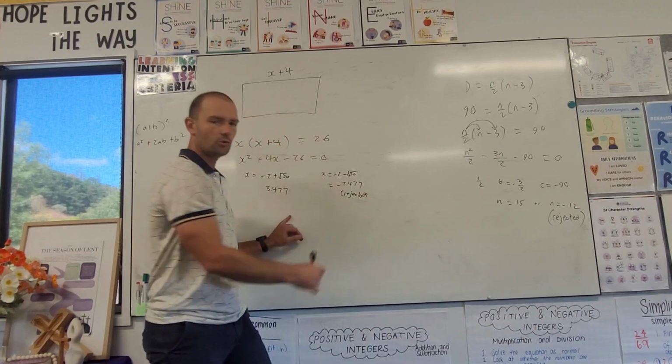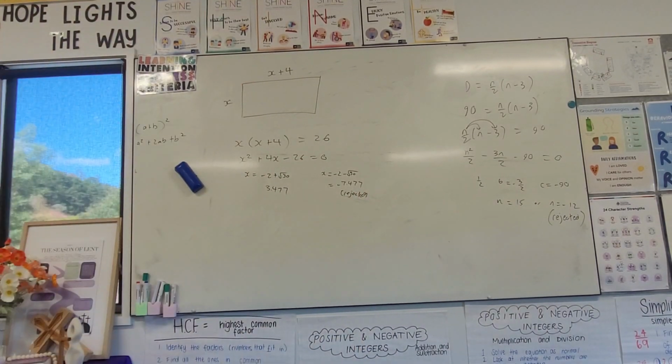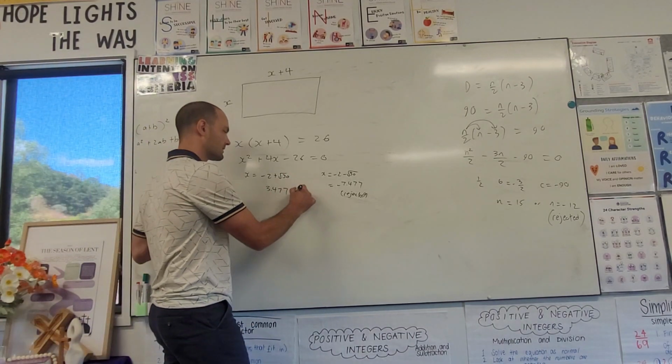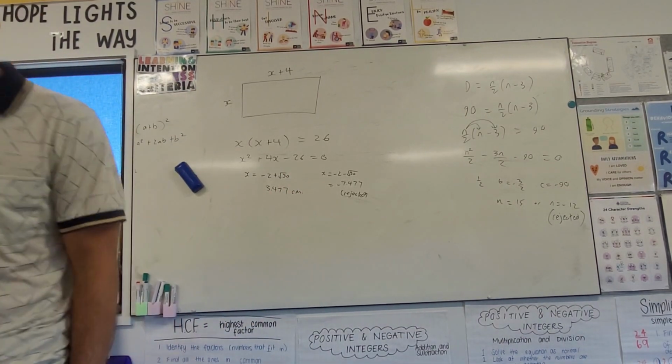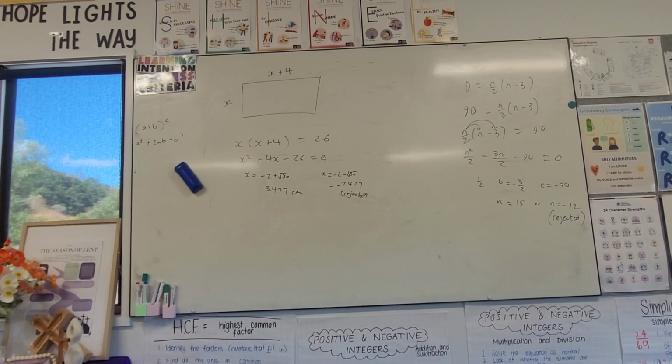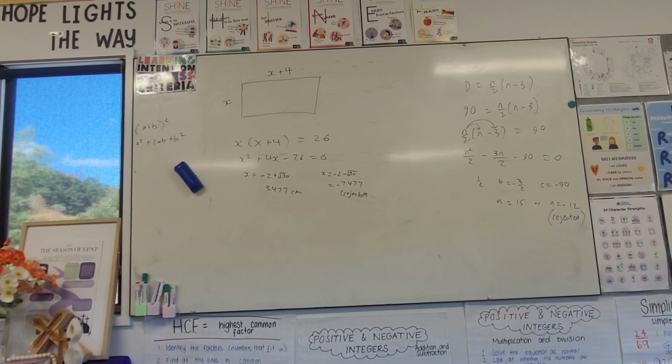And if we're given a unit here, we're told centimetres, then we should include centimetres in our answer. So the width of the rectangle is 3.477 centimetres. Really good. With the next one, I'm going to show you another way we can use our calculator that you'll probably use more frequently.